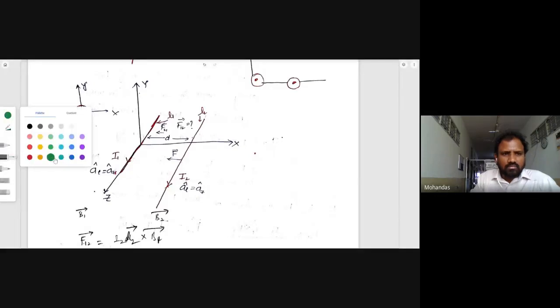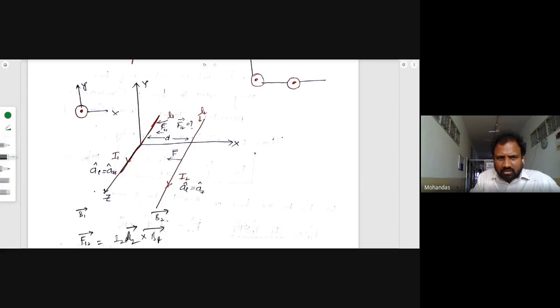Yes, sir. So here there are two conductors. This is the figure related to that problem. This is one long, almost infinite conductor, and this is the second long conductor, placed in a Cartesian coordinate system.